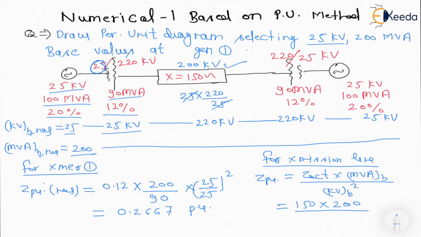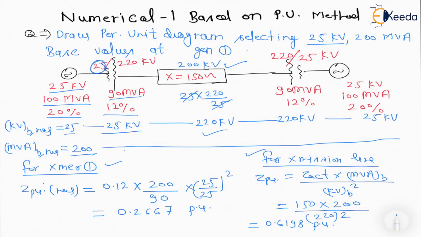We are dealing with per unit values, and the base value is applicable for the entire circuit, so for this section we take 220 kV, and this is correct. So 220 squared, and this comes out to be 0.6198 per unit.